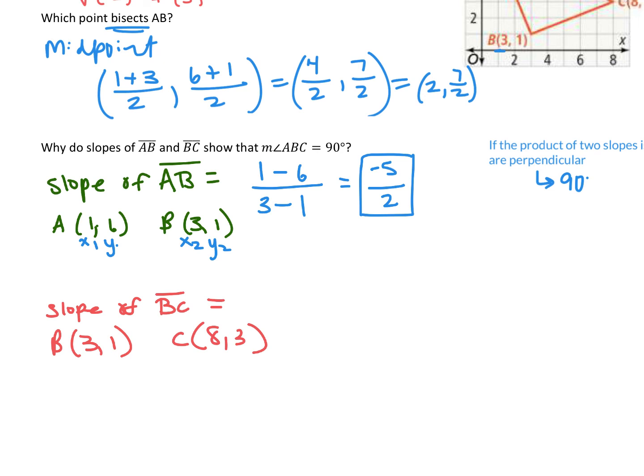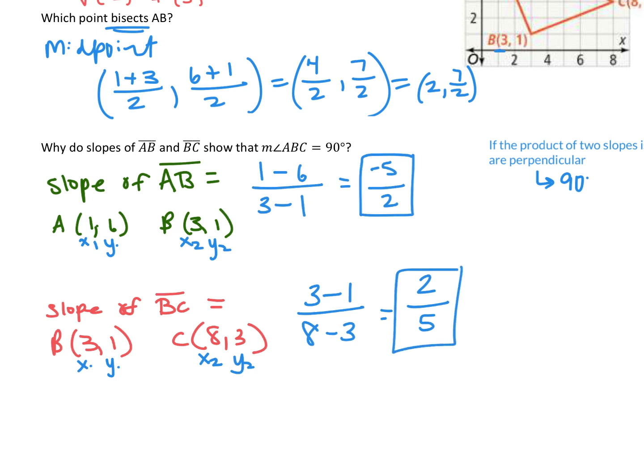And then we can label these with our x1, y1. Our first point is x1, y1. Second point is x2, y2. And for the slope, we're going to do y2 minus y1, so 3 minus 1, over x2, 8, minus x1, 3. 3 minus 1 is 2, 8 minus 3 is 5.